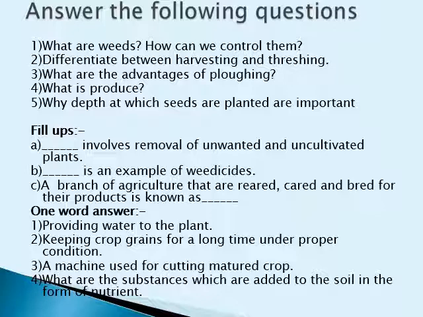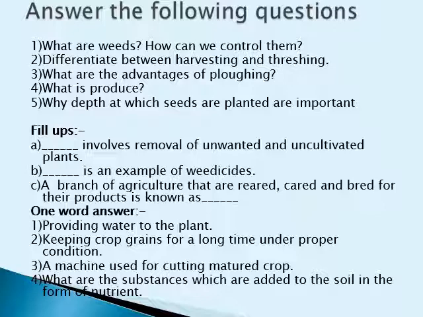Second question says, keeping crop grain for a long time under proper condition, and that is called storage, which is very important for keeping the grains. Otherwise, if moisture is there, then they can be attacked by microorganisms, and they will lose their germination capacity. So storing of grain is very important.